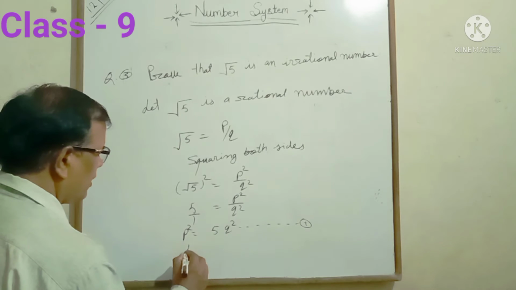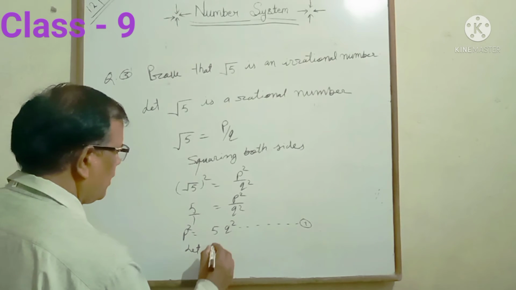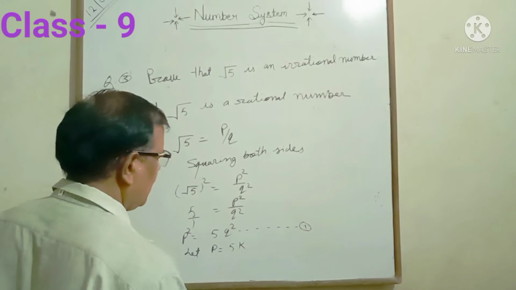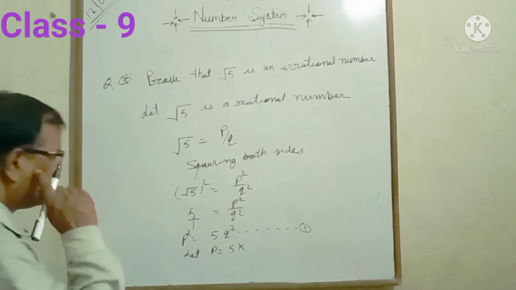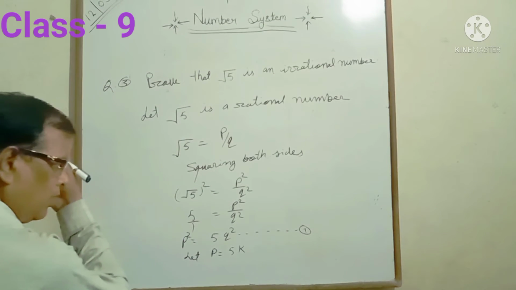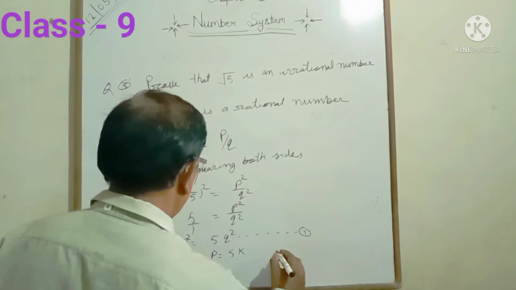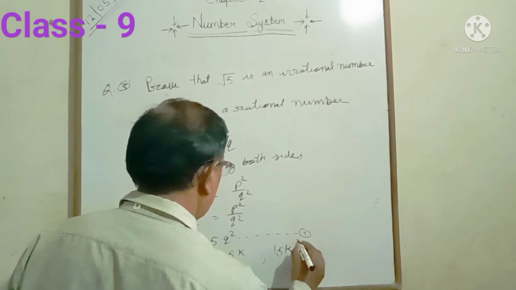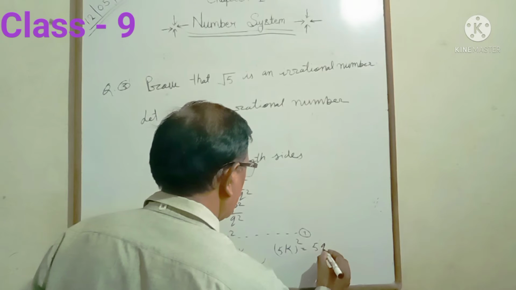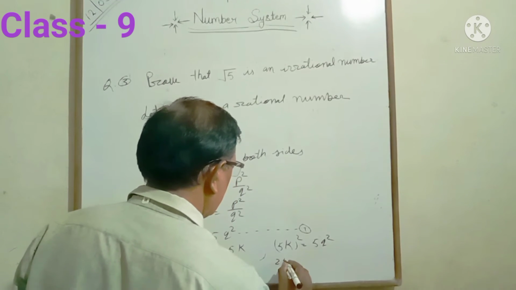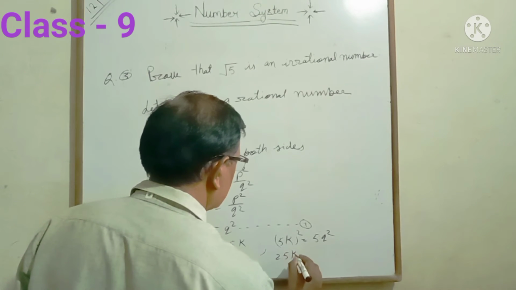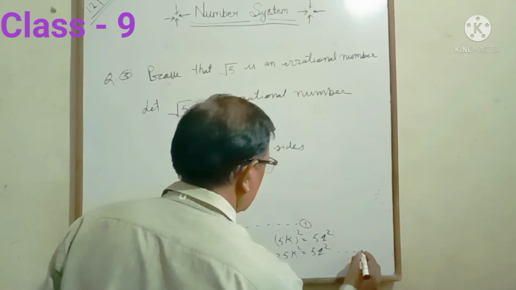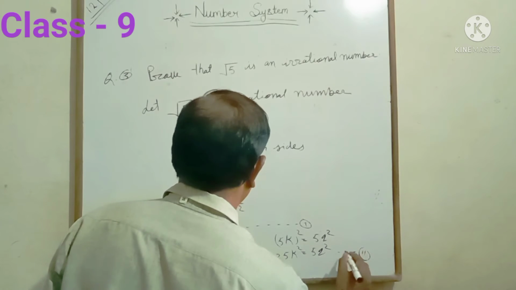So let p equal to 5k, where k is any constant. Putting the value of p, we get 5k whole square equal to 5 q square, so 25 k square equal to 5 q square. This is equation number 2.